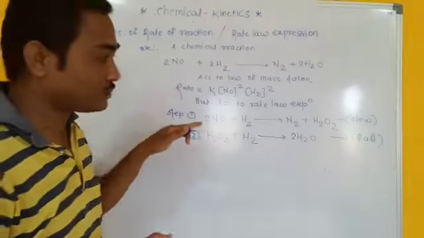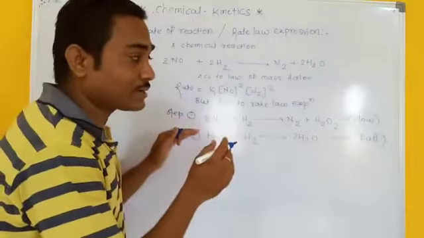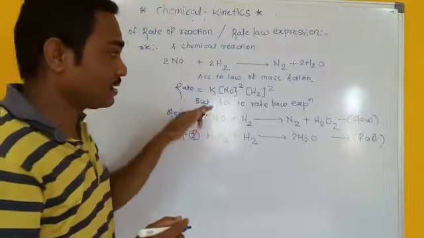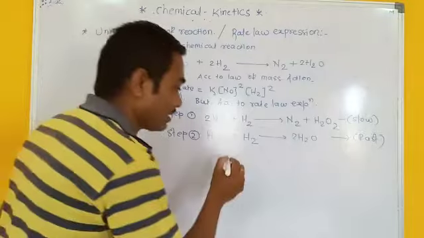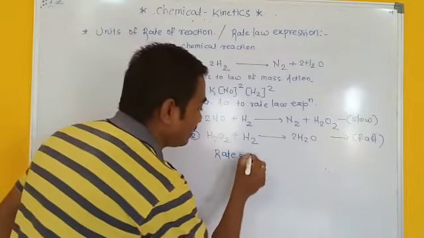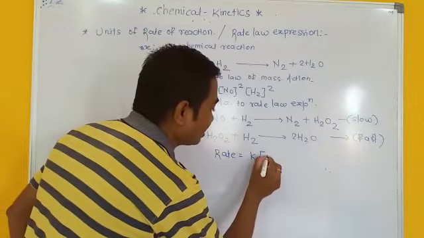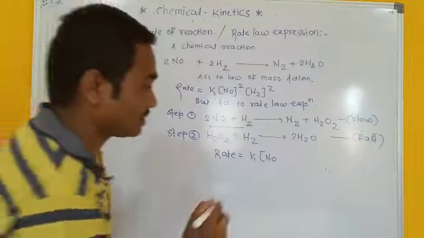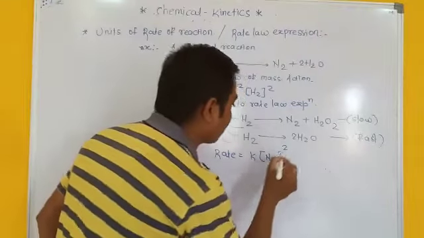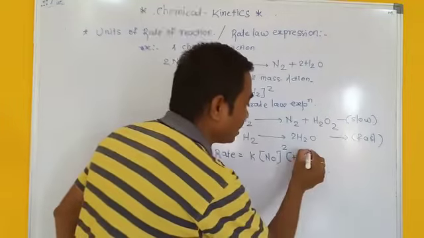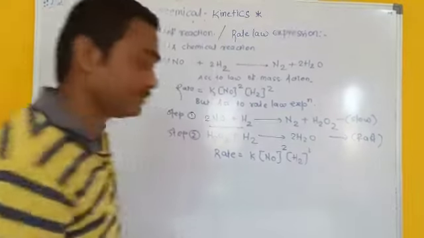According to the rate law expression, the rate of reaction depends only on the slow step. Therefore, the rate of this reaction is written as K, concentration of NO raised to power 2, concentration of H2 raised to power 1. That means here we have to put 1.